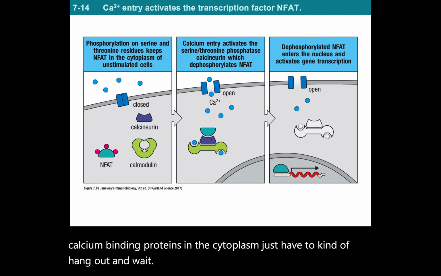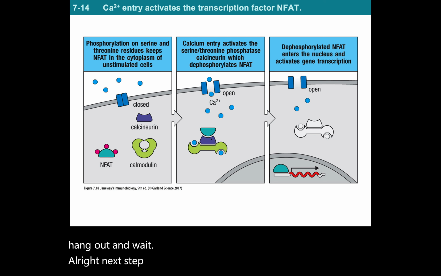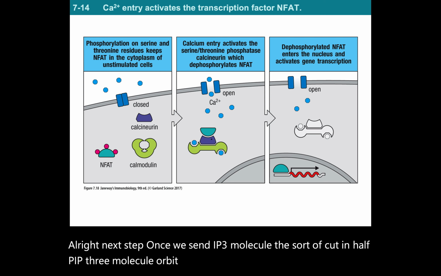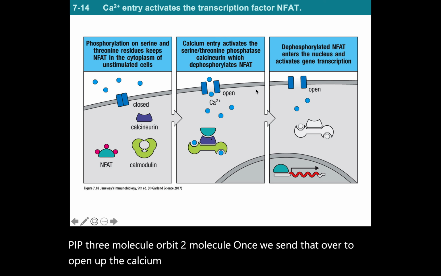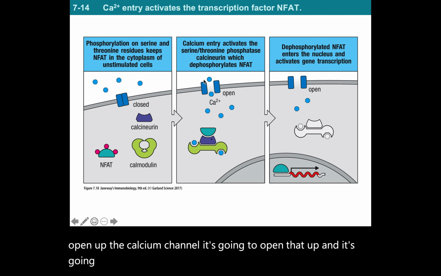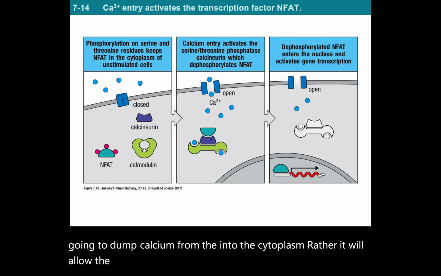All right, next step. Once we send the IP3 molecule, the sort of cut in half PIP3 molecule or PIP2 molecule, over to open up the calcium channel, it's going to dump calcium from the ER into the cytoplasm. Rather, it will allow the calcium to equilibrate either side of the membrane, which is exactly what it does.